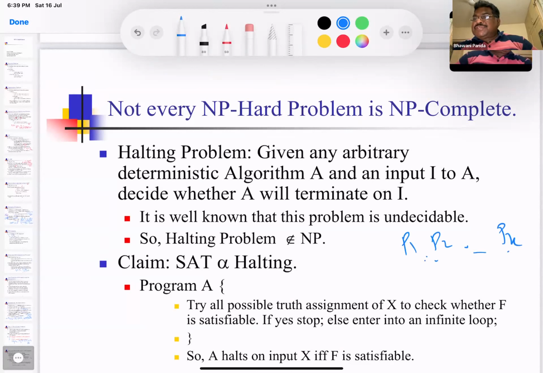I have to check whether each program will terminate when X is given as input, or whether it will get into an infinite loop.